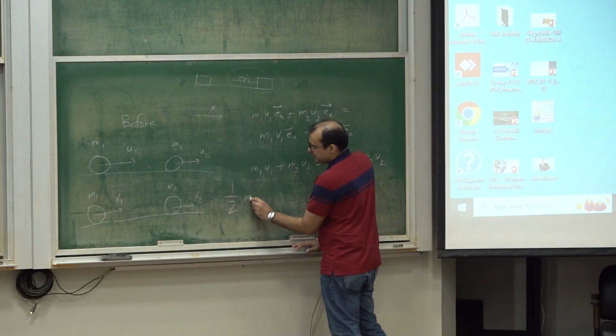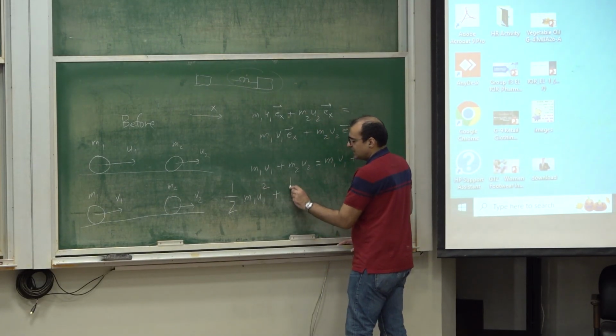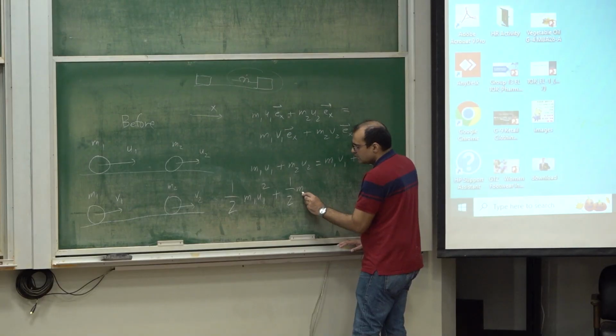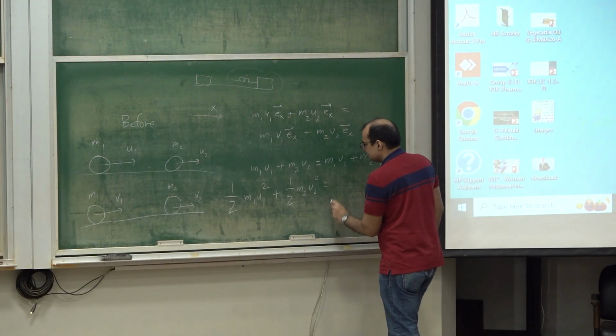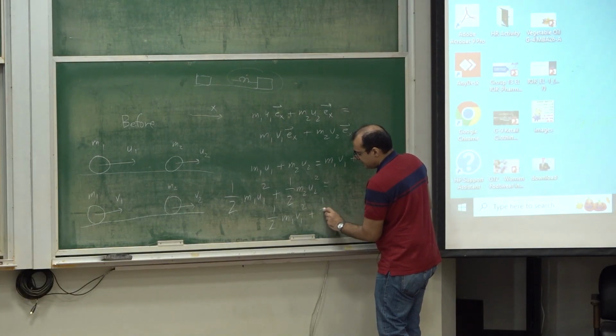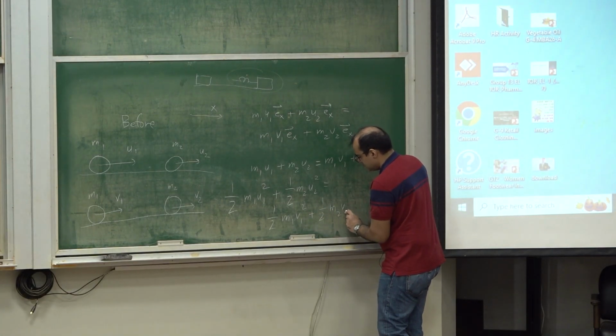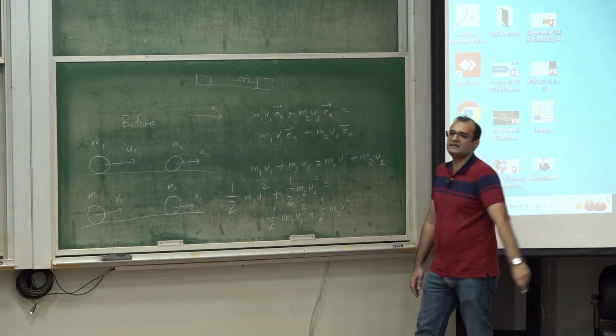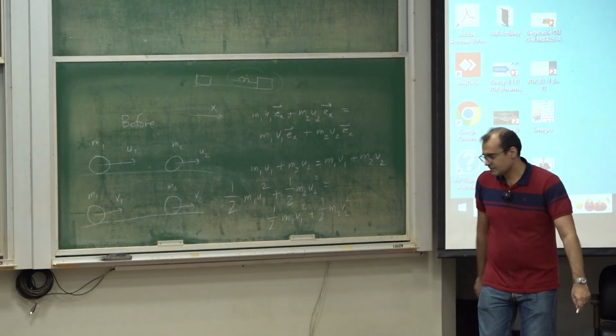So you have half m1 u1 square plus half m2 u2 square equals half m1 v1 square plus half m2 v2 square. So this is a perfectly elastic collision. Okay.